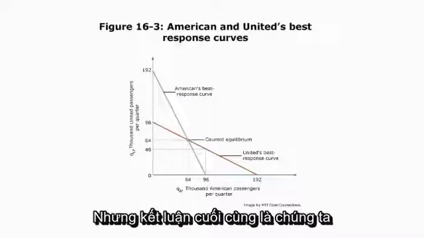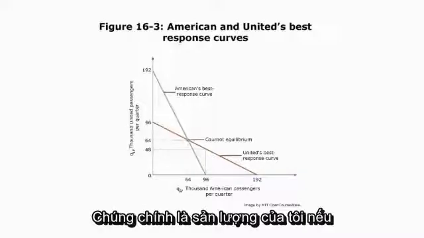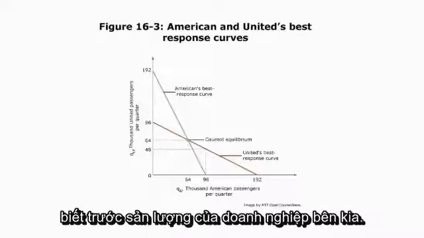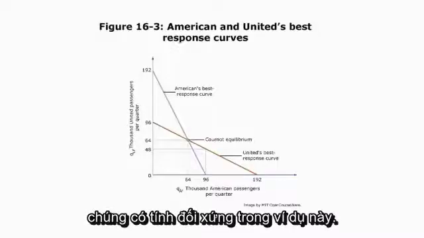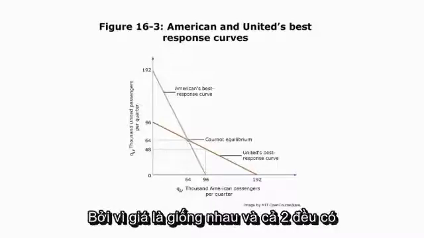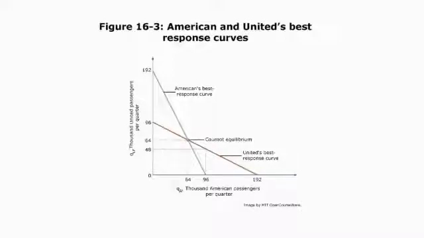But the bottom line is, we can write these best response curves as basically the quantity I'm going to produce given the quantity the other firm produces. And the key thing is that these are symmetric in this example. Since the costs are the same and they both face the same market demand, these curves are symmetric.